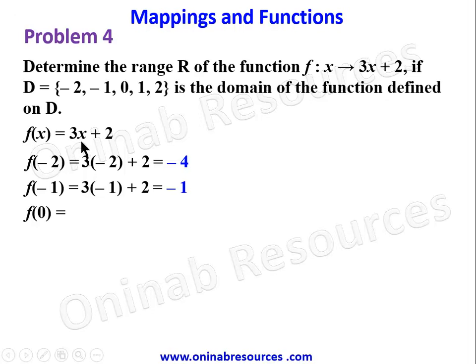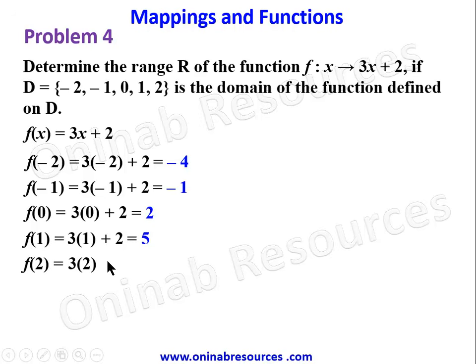Then we look for f(0). f(0) now will be 3 into 0 plus 2, which will give us 2. Then we have f(1), that's 3 into 1 plus 2, that will give us 5. And finally we look for f(2), 3 into 2 plus 2, 3 times 2 gives 6, plus 2 gives 8.